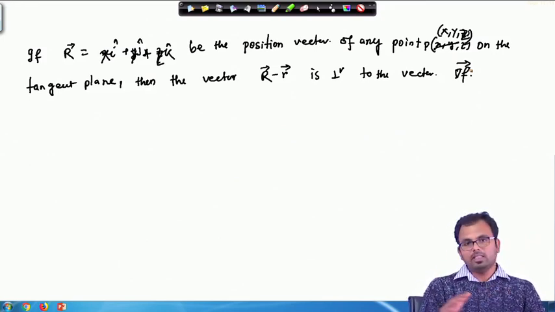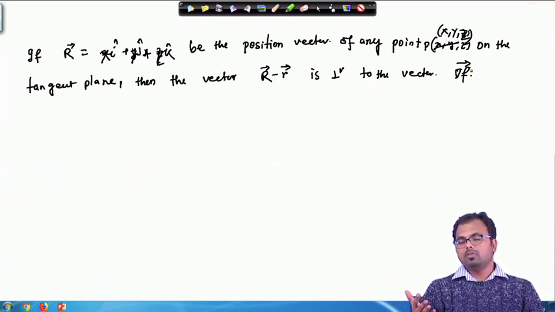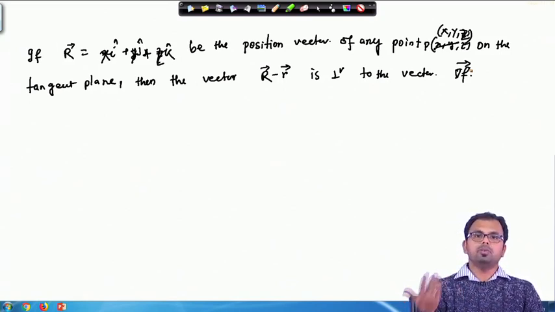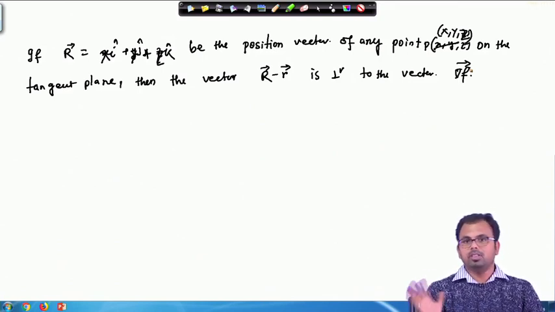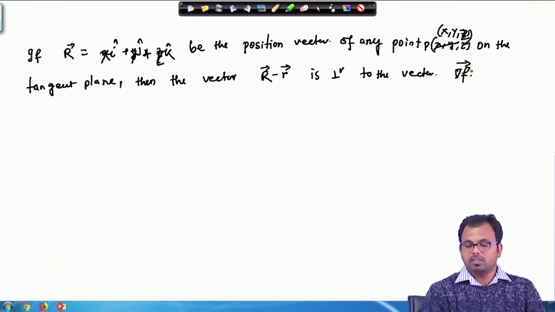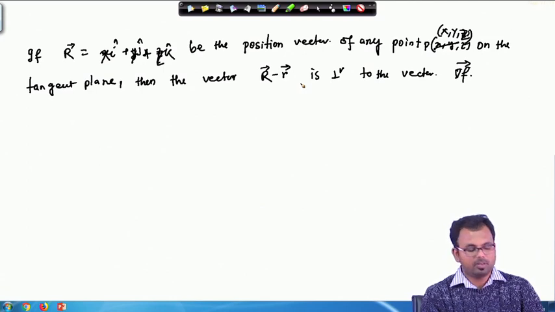So, if you have a tangent plane on f(x, y, z) equals c, then that tangent plane will always be perpendicular to the gradient of f. So, even if you take this difference, it will always be perpendicular, all right.